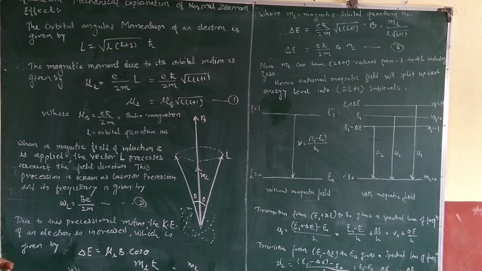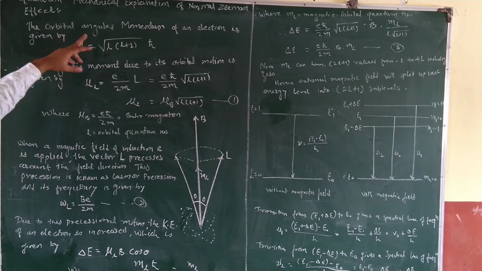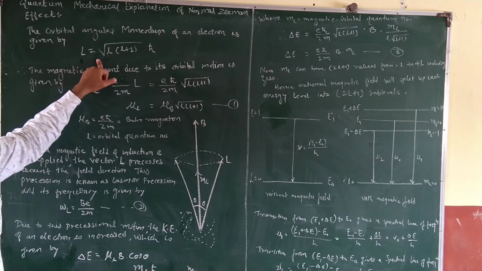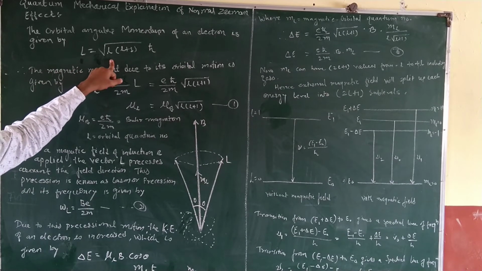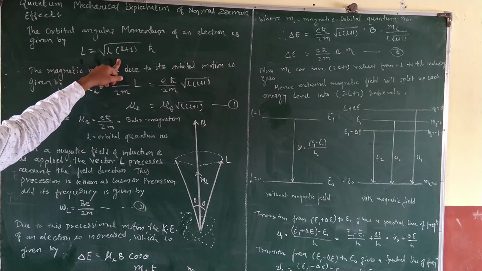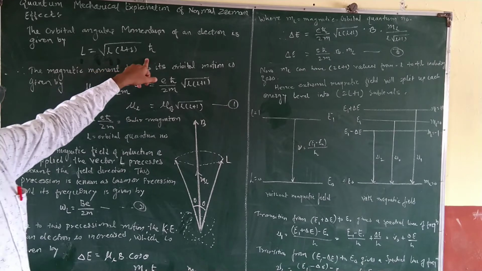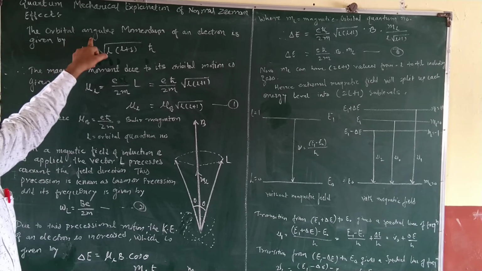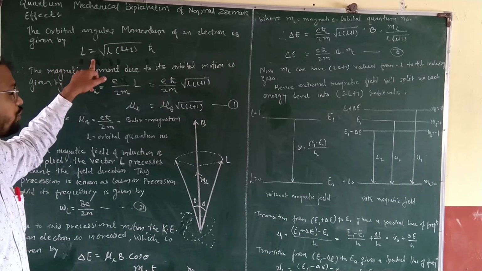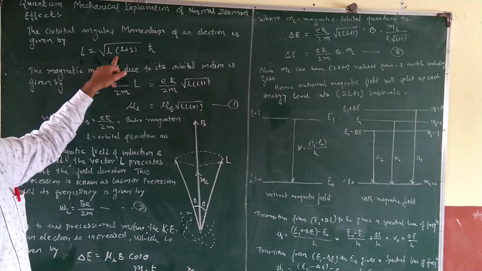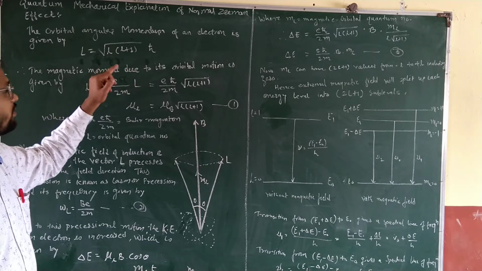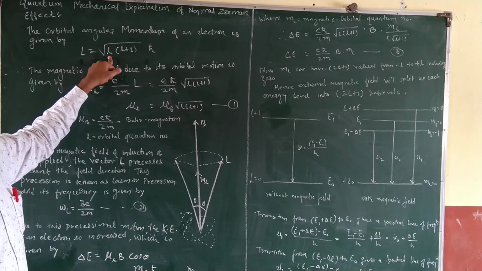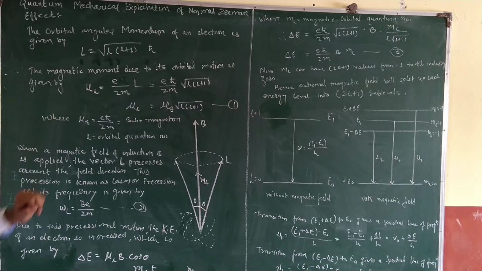We know that the orbital angular momentum L equals the square root of l(l+1) times h cross, where small l is the orbital quantum number.